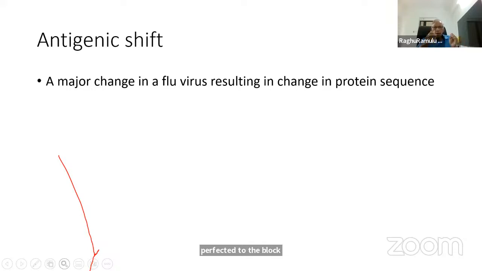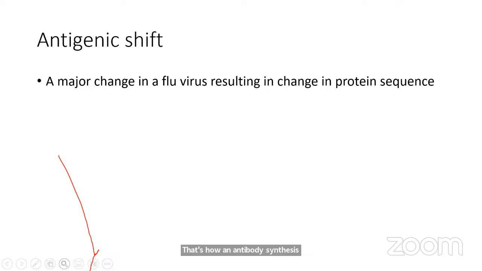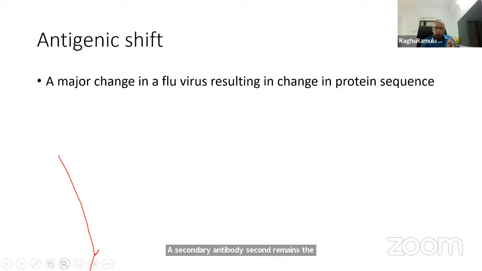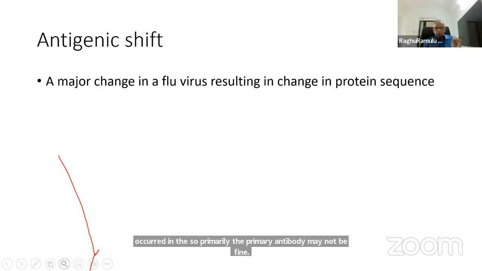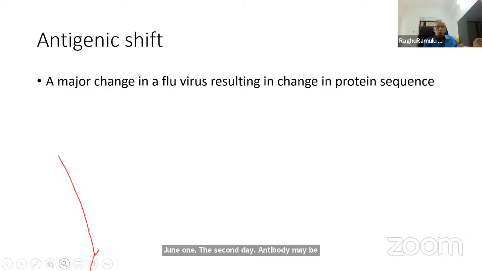That's how antibody synthesis occurs as a primary antibody, a secondary antibody. Secondary means the antibody that has been formed after the changes that have occurred in the virus topography. So the primary antibody may not be a fine-tuned one. The secondary antibody may be a fine-tuned one, like a perfect key to a lock.